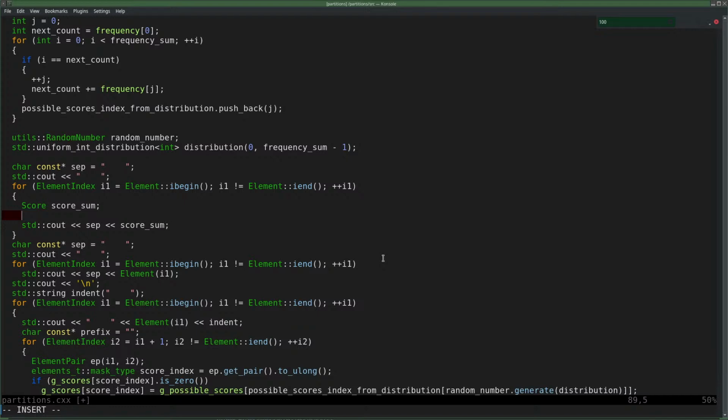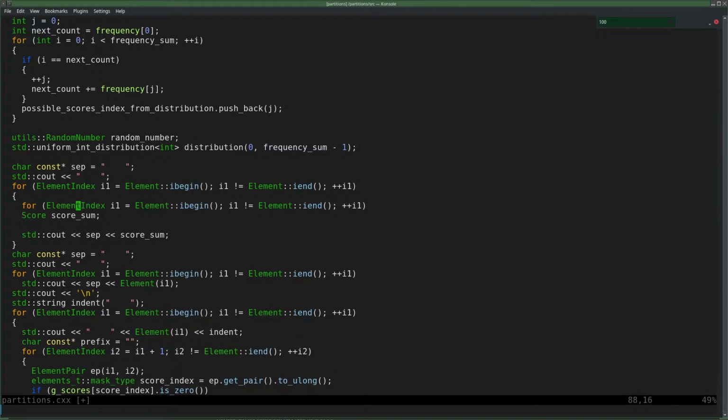So we just need to run over all the elements, again, this time using 2.